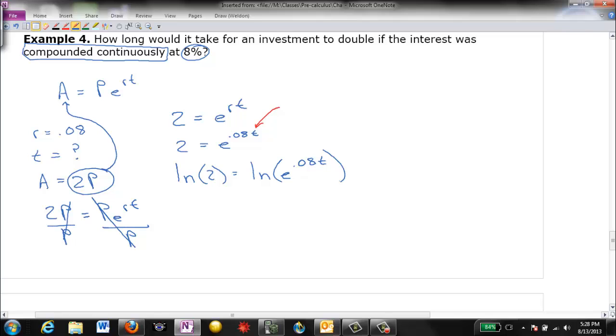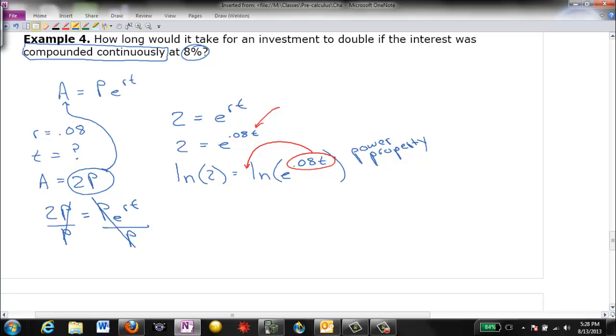Once I do that, I can start applying the properties of logarithms, one of which is the power property. So I'm going to write power property over here. The power property allows me to take this exponent and put it in front. So now I can pull that piece down.